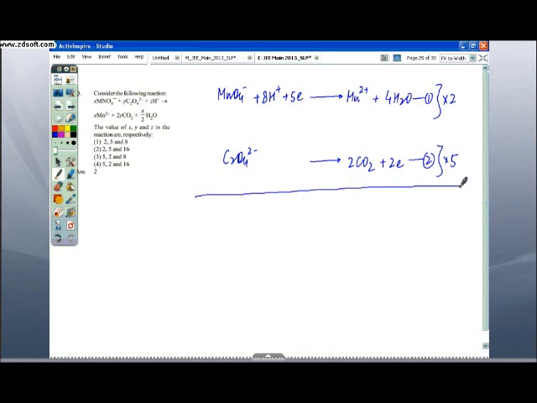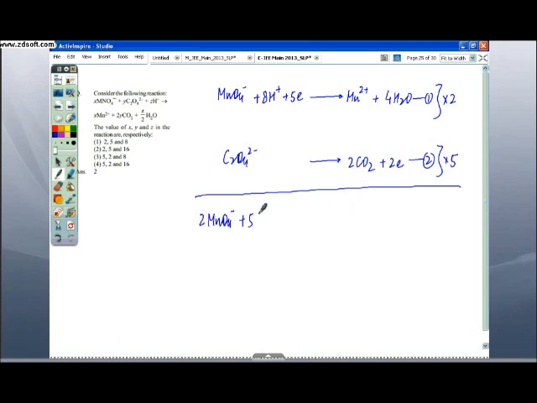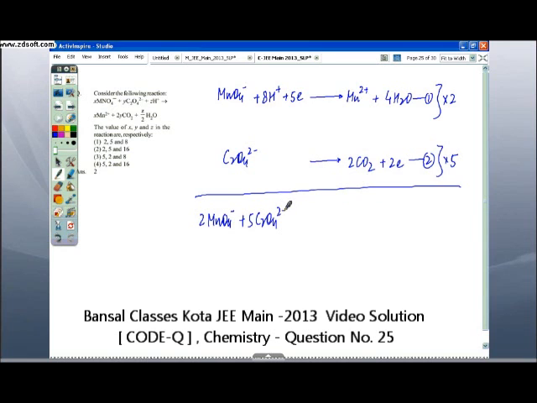We get 2 MnO4 minus plus 5 C2O4 2 minus plus 16 H plus gives 2 Mn2 plus and 10 CO2.